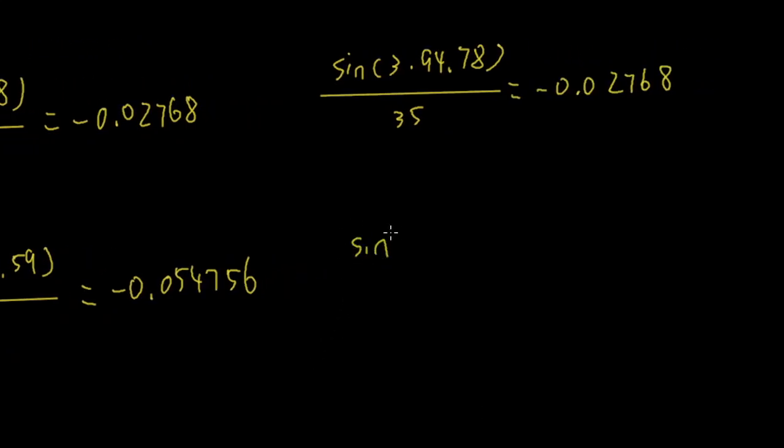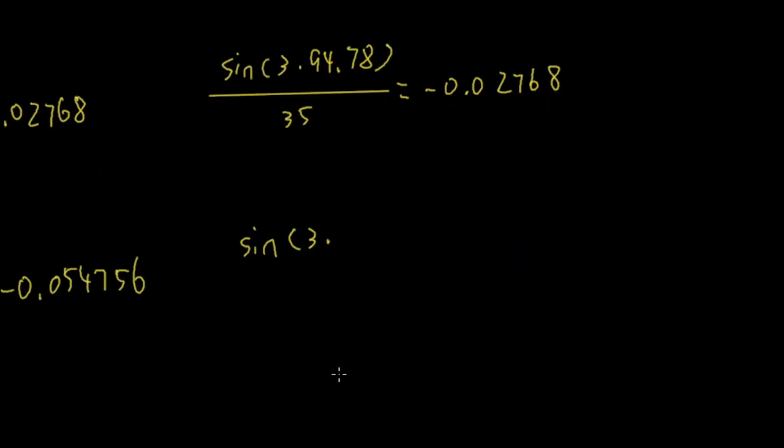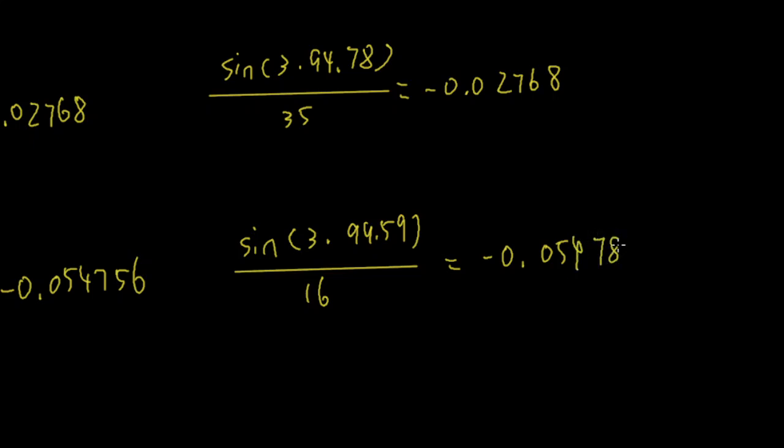So sine 3x, so 3 times the x value, 99.59, divided by k, in this case k is 16. So we have this approximately equal to negative 0.05478.